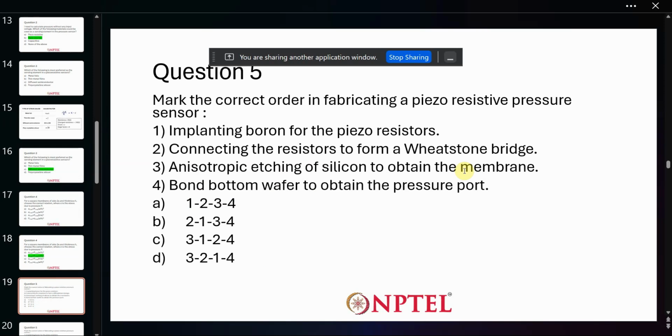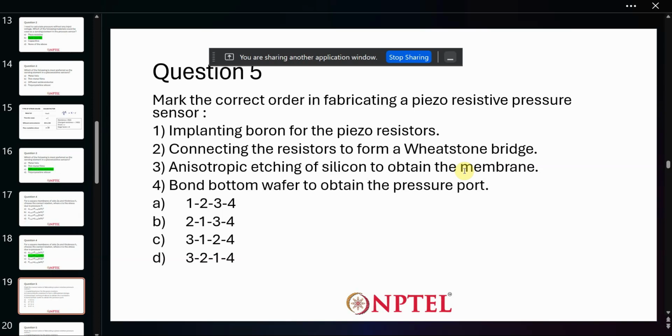Now the fifth question. Here you are fabricating a piezoresistive sensor. What will be the steps? The options are: implantation of boron in the piezoresistors, connecting the resistors to form a Wheatstone bridge, anisotropic etching of silicon to obtain a membrane, and bonding the bottom wafer to obtain the pressure port.